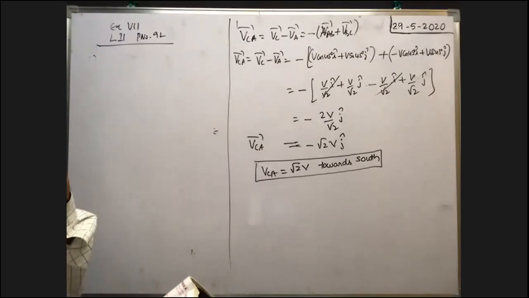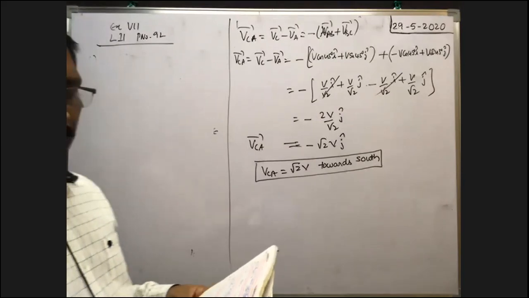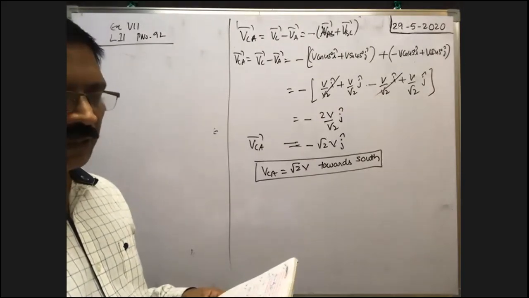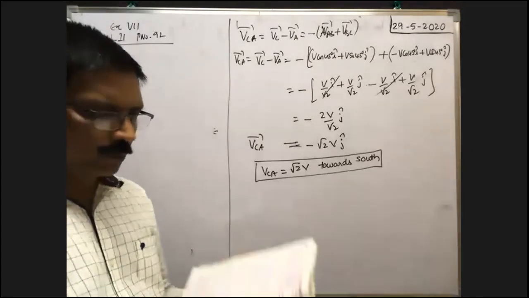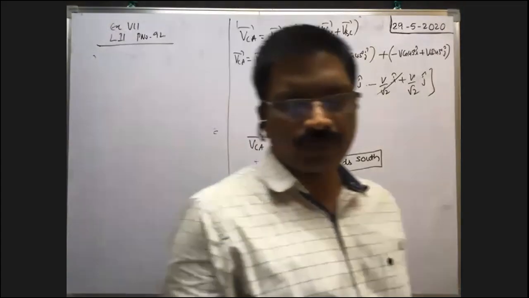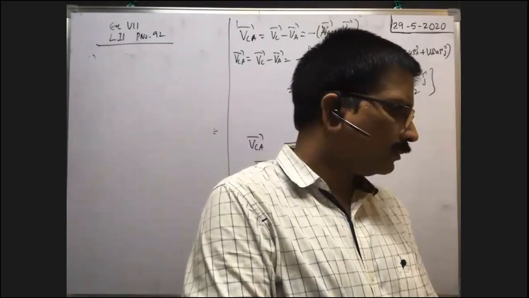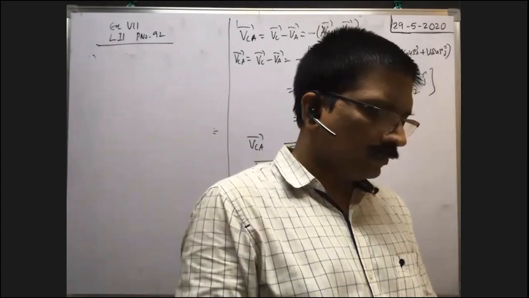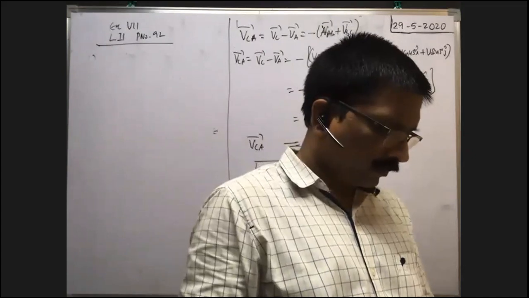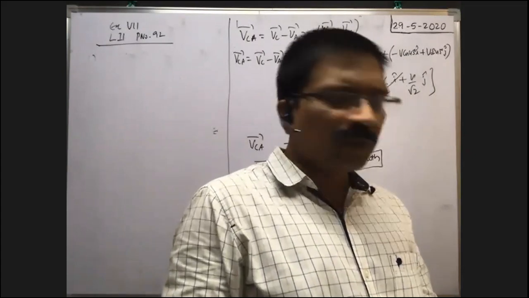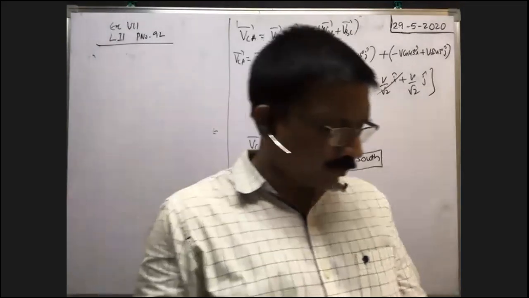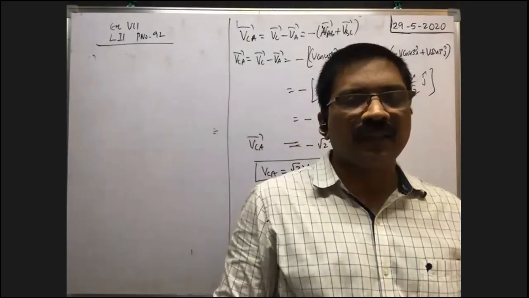Next, problems 2, 3, 4 you do, because for problems 2 and 3 the concept I already said. That is the closest approach, that one you can do. 5th problem I will explain. Before the 5th problem, we have to do some problems based on the river umbrella concept.